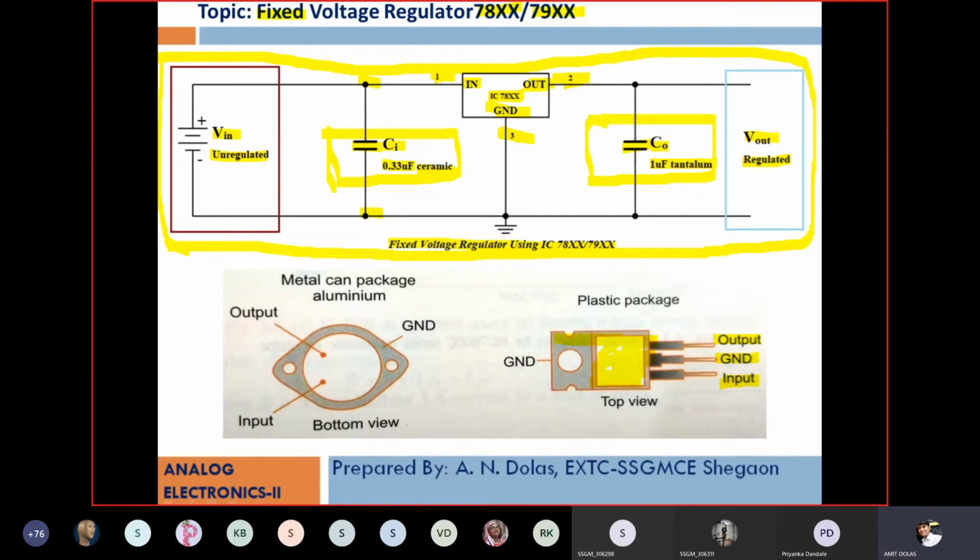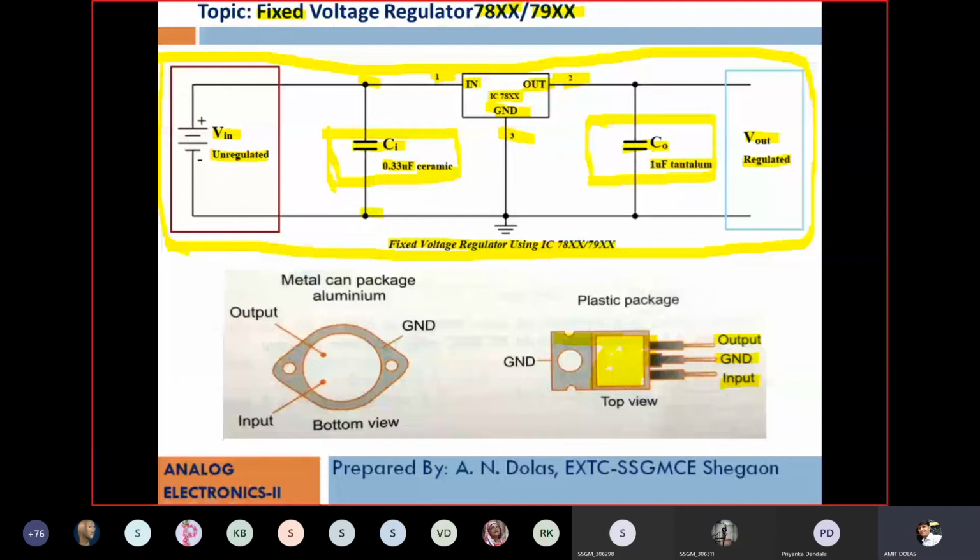You cannot develop a variable power supply from 0 to 5 volt with the help of this IC. But you can develop a variable voltage supply with this IC so that it can be varied from 5 volt to a certain range. Below 5 volt we cannot use it. This is a limitation. A similar circuit is shown on this PPT.